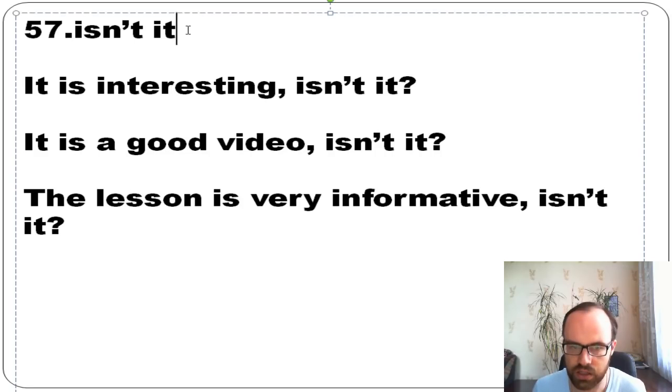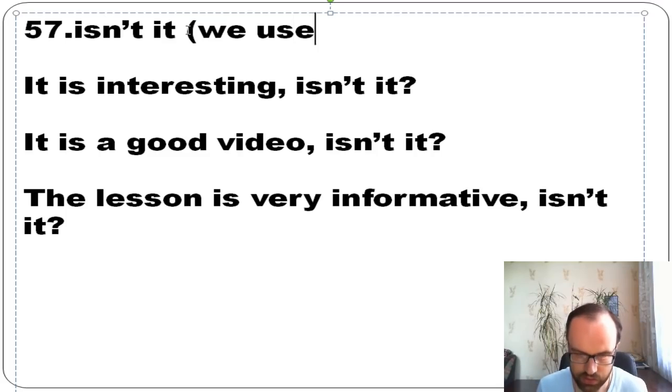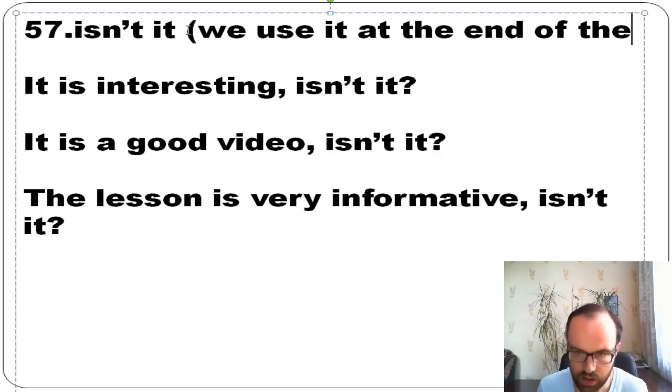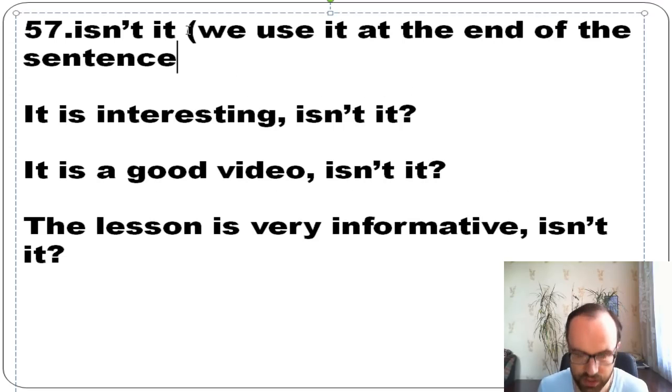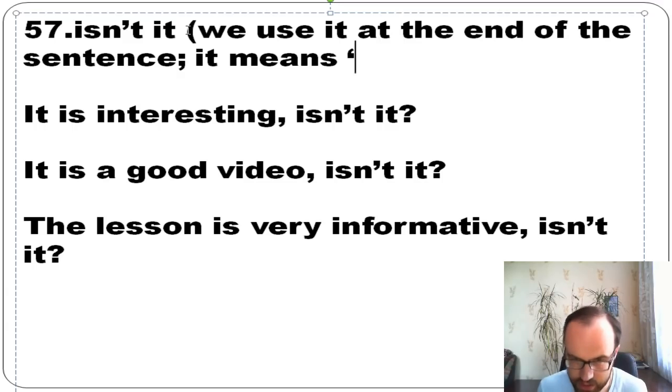Next, isn't it? We know that we use it at the end of the sentence. It means really, or yes. Okay, so look.